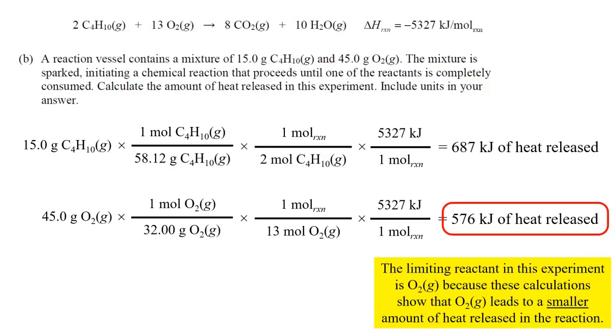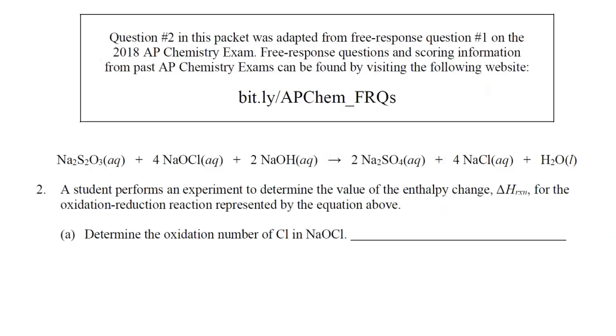Now let's take a look at question 2 in this packet. Question 2 in this packet was adapted from free response question number 1, which appeared on the 2018 AP Chemistry exam. And you can see an address on this slide, free response questions, and scoring information from past AP Chemistry exams can be found by visiting the following website.